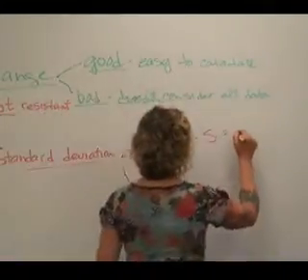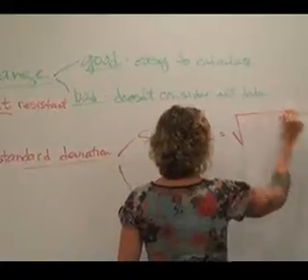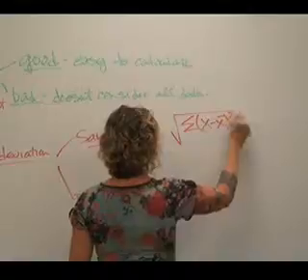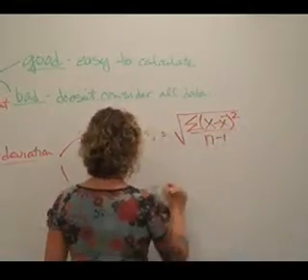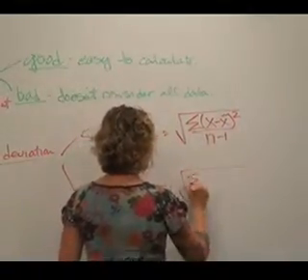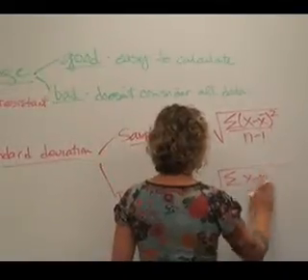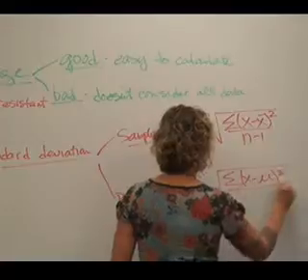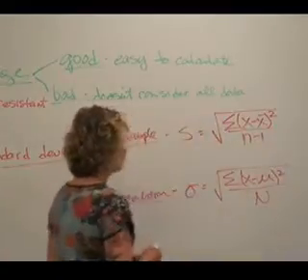Sample standard deviation is given by the square root of the sum of each data value minus the mean, squared, divided by n minus 1. The population is the sum of each data value minus its mean squared, divided by the population size.